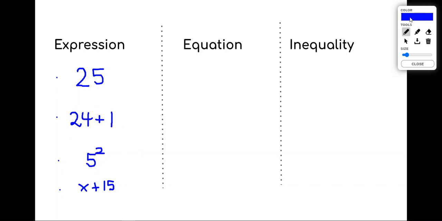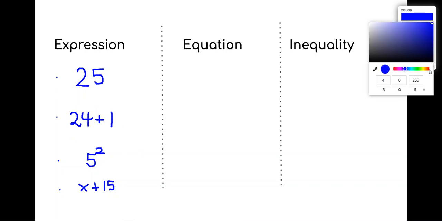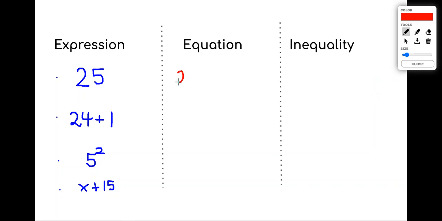An equation is going to give us a statement that says that two expressions are equal. So if I wanted to tell you, hey, did you know that 25 is equal to x plus 15? This would be an equation because I'm saying that the left expression and the right expression are related, and how they're related is by being equal.